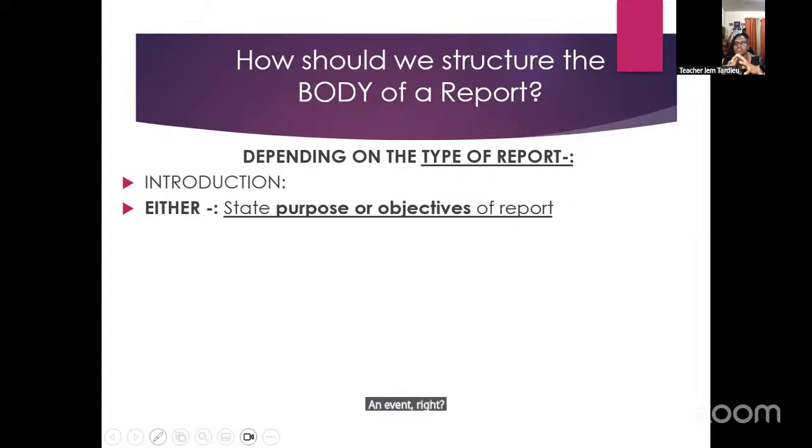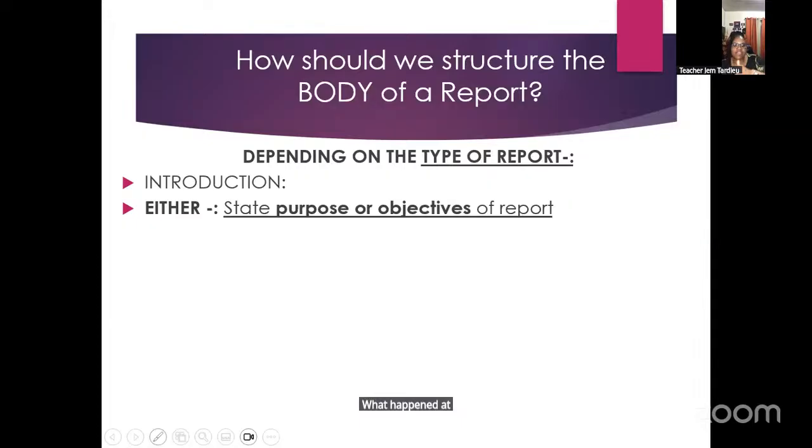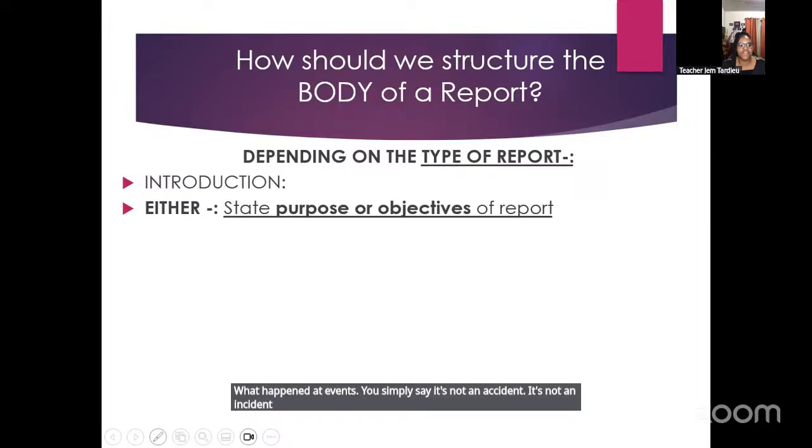Nothing took place, but it's something about to happen. You may state the purpose or objectives of the report, and you give the information about that event. You simply say it's not an accident, it's not an incident, you're just giving the information.